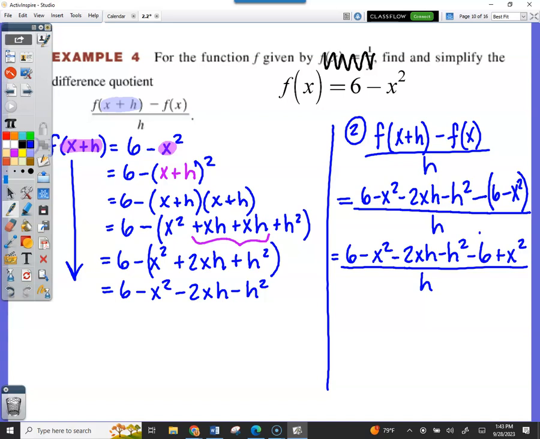Then I'm going to go in and clean up 6 minus 6, negative x squared plus x squared. Every time you should be left with only the terms that have h's. It's leading you into limits.